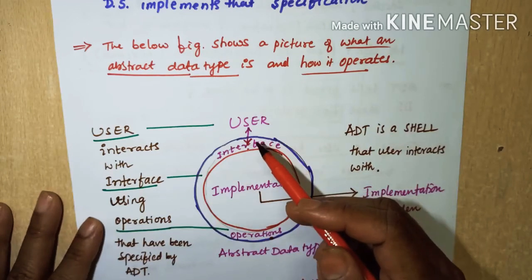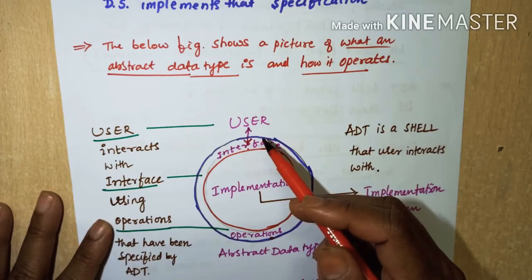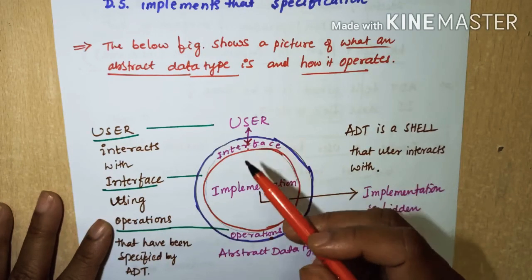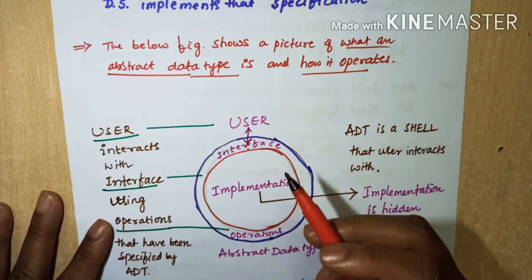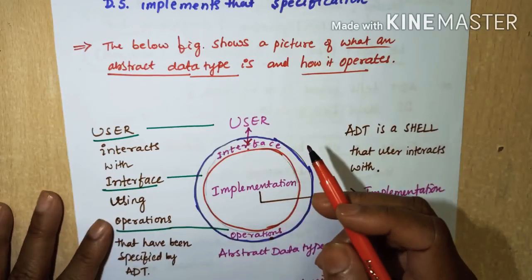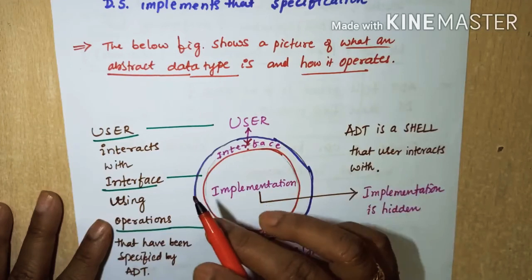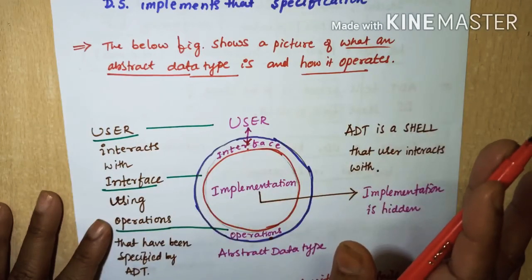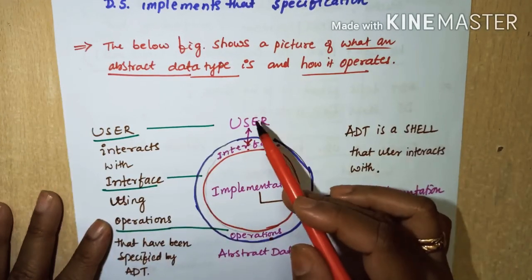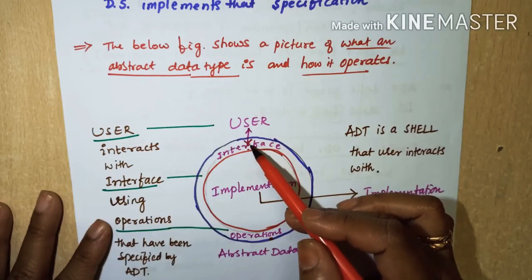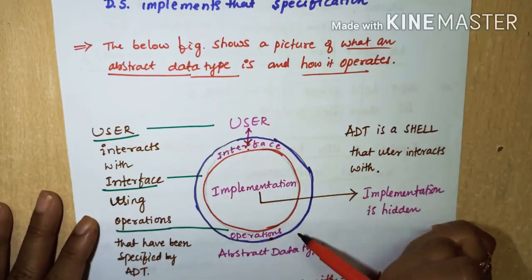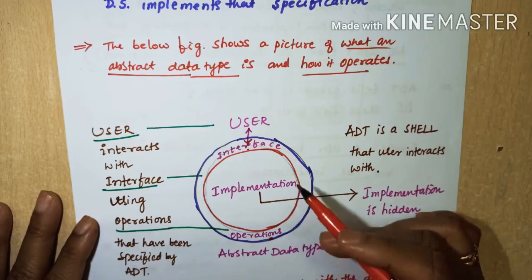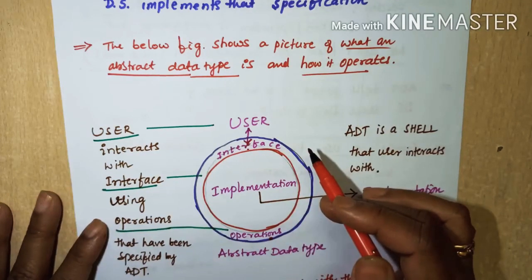I have given examples of stack, is empty, push, pop, and in Gmail, signing in, signing out, and even in TV, volume button on and off, channel changing. All these are called interfaces. So it means that the user interacts with the interfaces using the set of operations that have been specified by ADT.